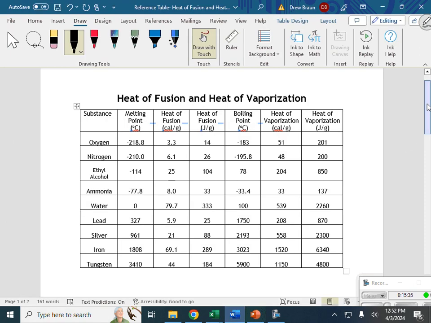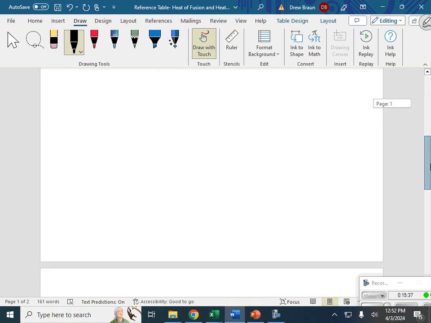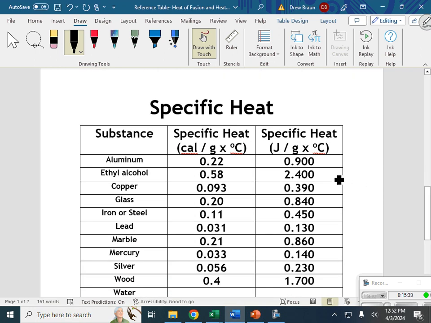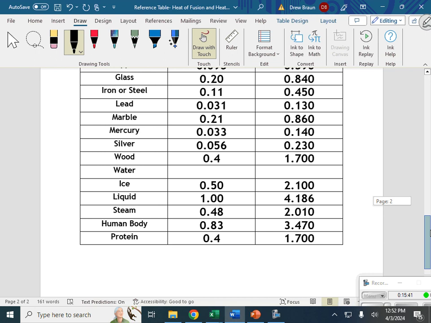Now here is the heat of vaporization and fusion. That's not the one we have. We're going to use this one right here. And if you look down here, we have water. And it says ice, it says a liquid, and it also says steam.